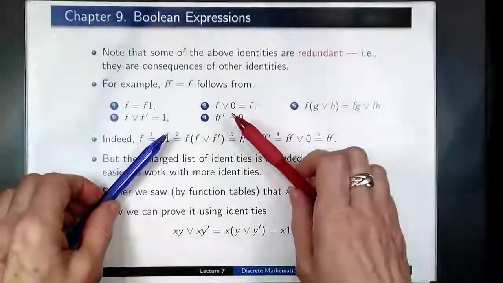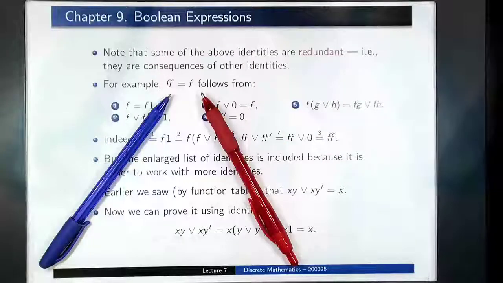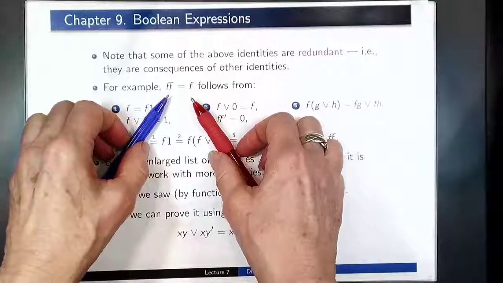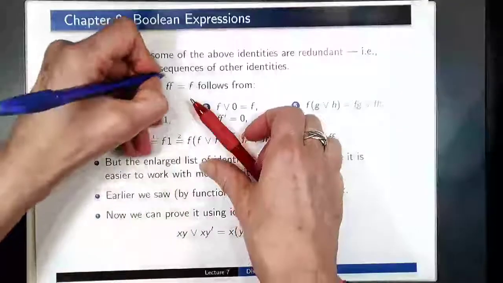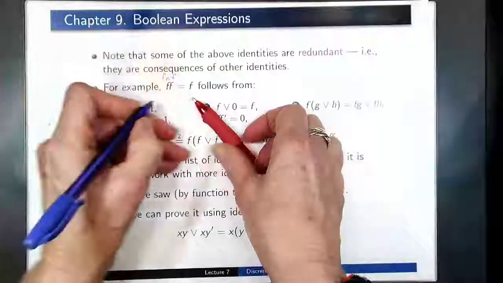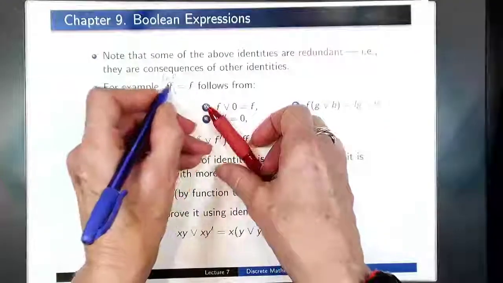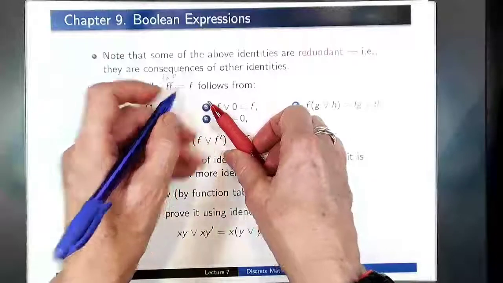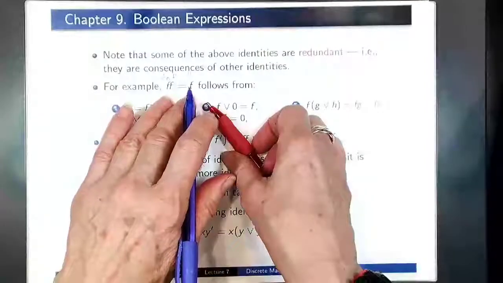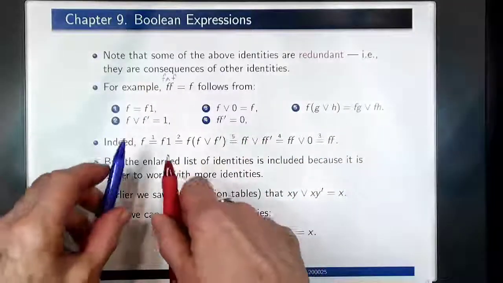So let's, as an example of how you can use these identities, prove that FF equals F. So that's short for F and F equals F. Now, this was in one of those lists of identities, but we actually could cross that identity off and not lose anything because we can prove it from other identities. Okay.